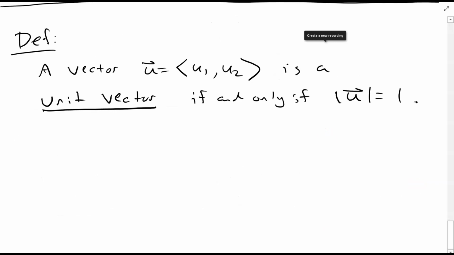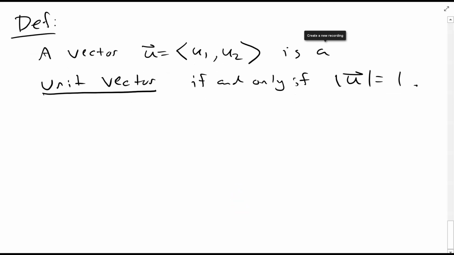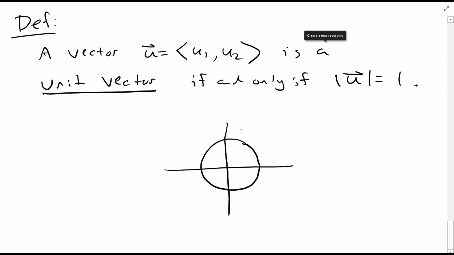A vector is called a unit vector if and only if its magnitude is 1. Why are unit vectors going to be of importance to us? Well, if we go back to first semester, we talked a lot about the unit circle, right?